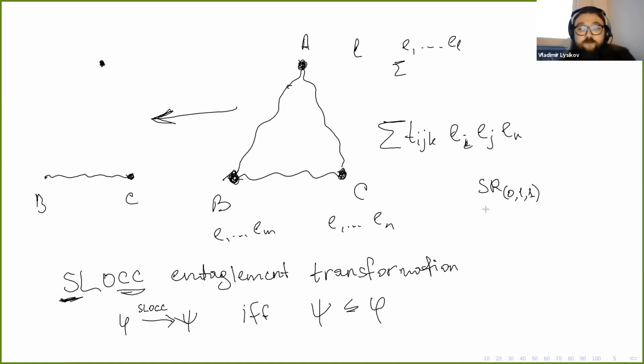And our formula can be used to find the asymptotic transformation rate, which means that if we have many copies of a state phi, how much of this bipartite entanglement we can get from these many copies is governed by this formula, which is the maximum of the minimum of 2 to the h1, 2 to the h2. h1 and h2 are some two entropies which can be defined from this state.